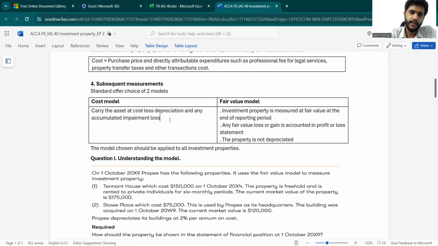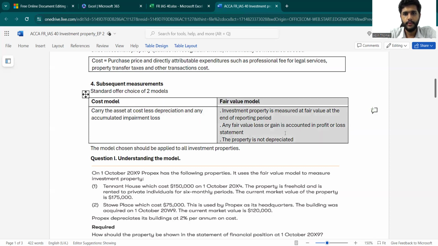And we also need to check if there are any impairment losses, such as an accident or natural calamities that cause the value to fall. That impairment loss also we need to consider in the books of accounts. I believe you all got the picture about how we subsequently measure the asset under the cost model.